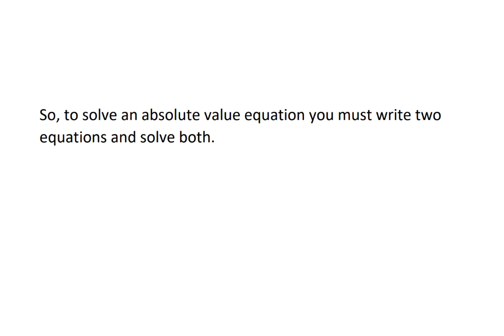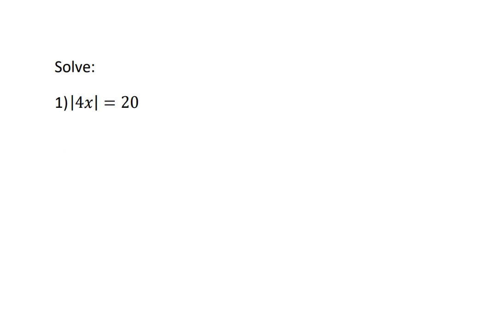So, to solve an absolute value equation, you must write two equations and solve both, because we have to take into account both directions from 0 on the number line. Our first example asks us to solve the absolute value of 4x equals 20.